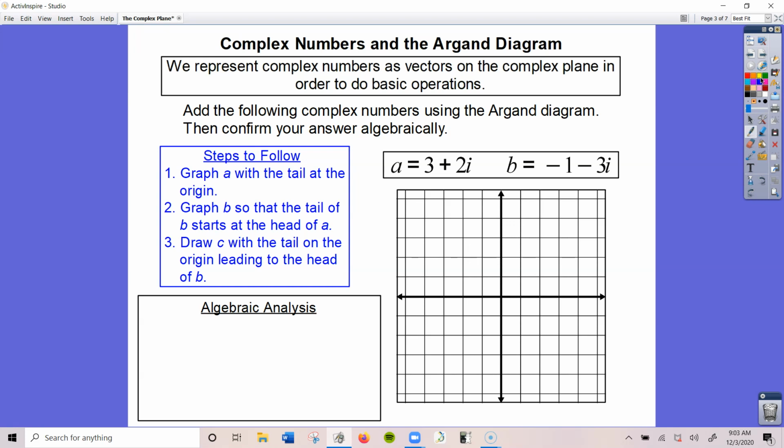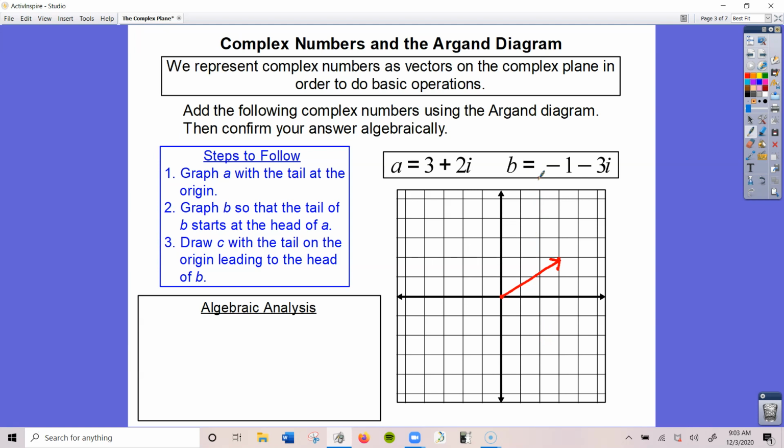So how do we do this? In order to graph A, which is 3 plus 2i, all of our complex numbers, or at least what we're adding, would start here at the origin, and then I would go 3 plus 2i, and this would be my vector.